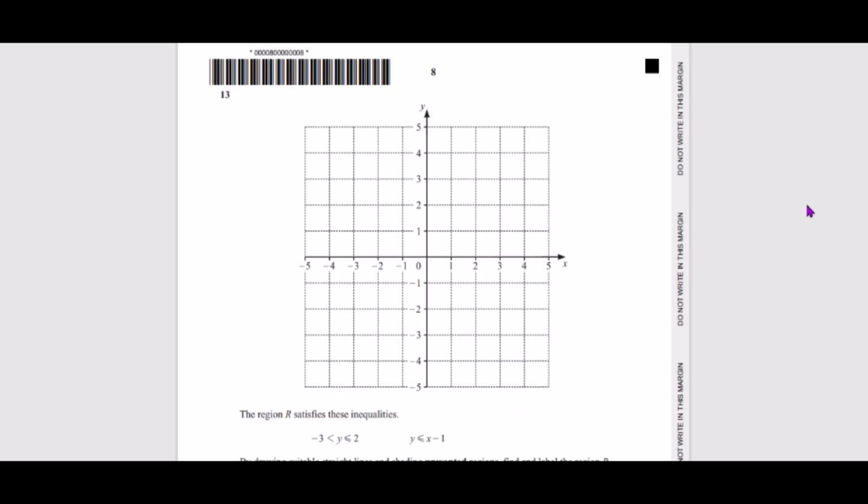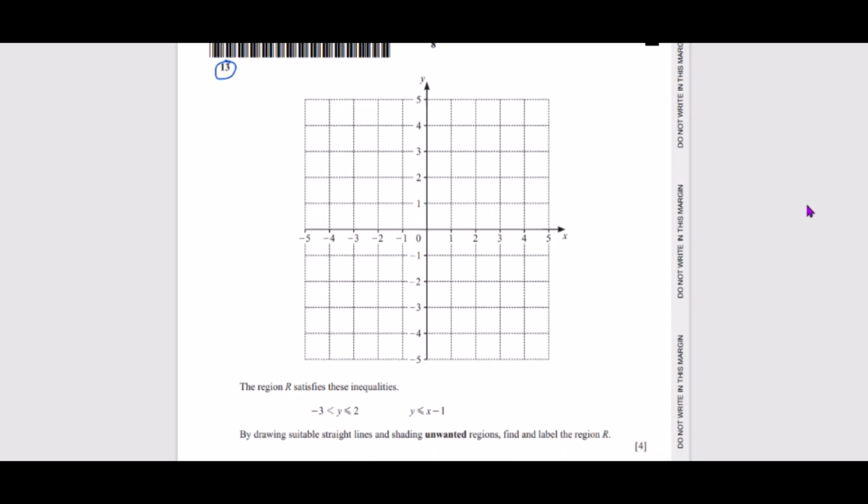Question number 13. The region R satisfies these inequalities: minus 3 is less than y and y is less than or equal to 2.